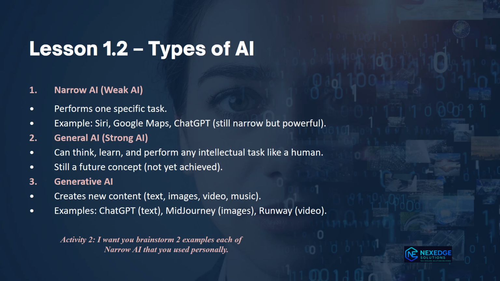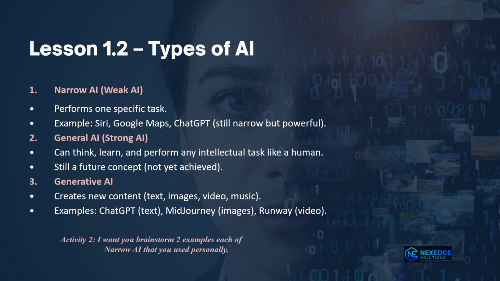And the third one is generative AI. Generative AI is what is now common lately that people are really using after the narrow AI. Generative AI creates new content, such as text, images, videos, music, and so on.